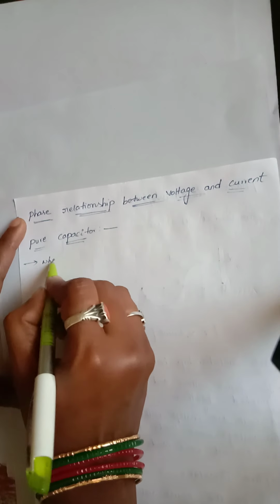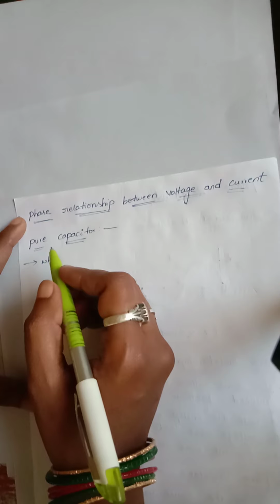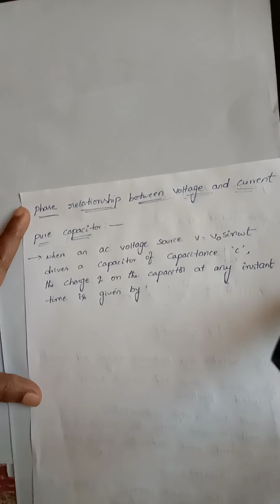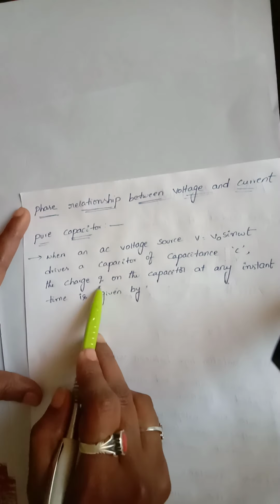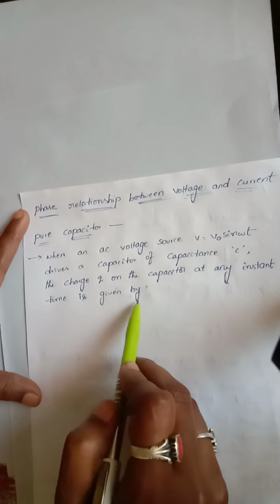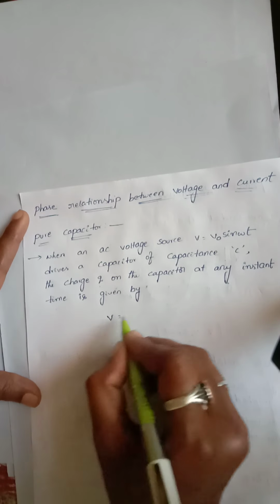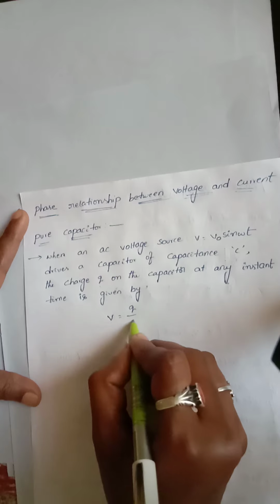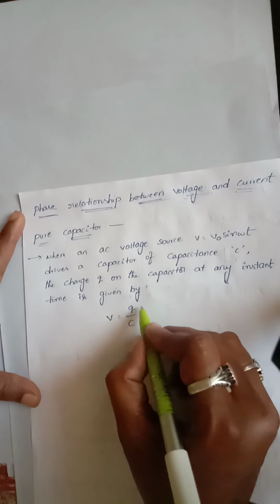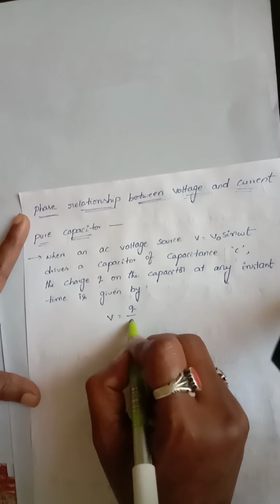When an AC voltage source drives a capacitor, the charge Q on the capacitor at any instant of time is given by V equals Q by C, where Q is the charge and C is the capacitance.